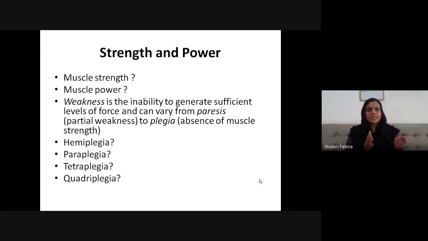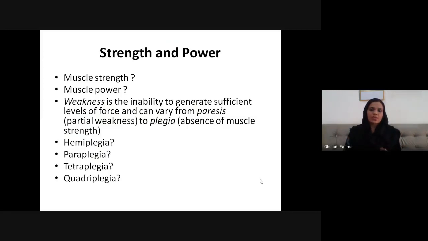So the patient does not have sufficient energy and strength to develop force. The weakness can vary from paresis, which is partial weakness or partial paralysis, to plegia, which is complete absence of muscle strength.